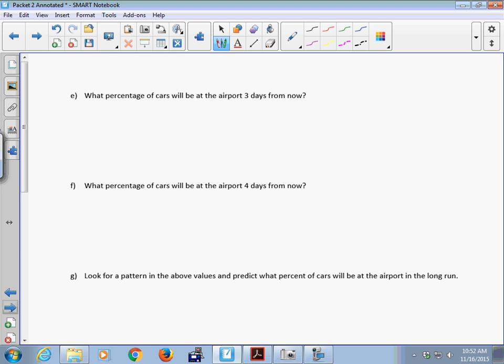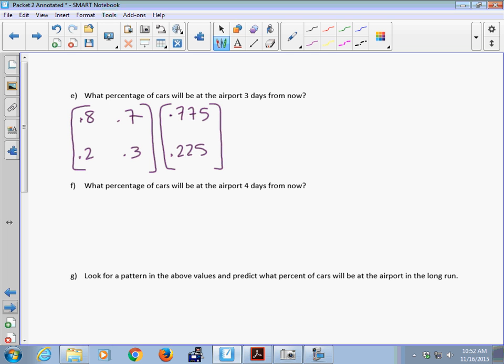So 3 days from now, I take my stochastic matrix, 0.8, 0.7, 0.2, 0.3, and I multiply by 0.775 and 0.225. That was the 2 days from now. And I get 0.7775 and 0.2225.